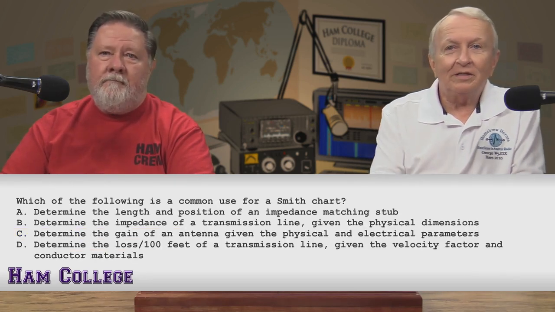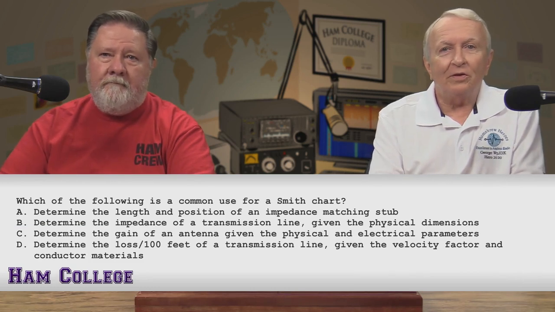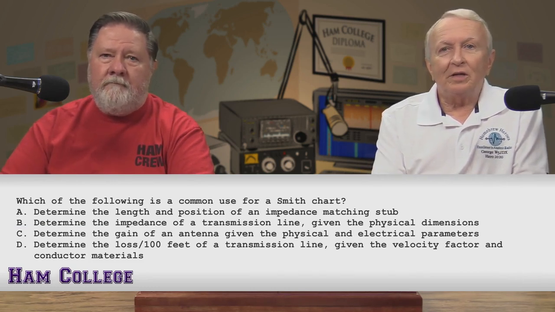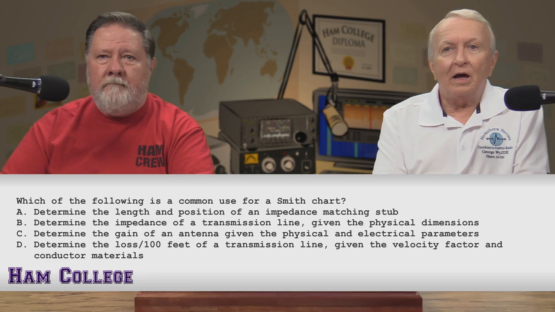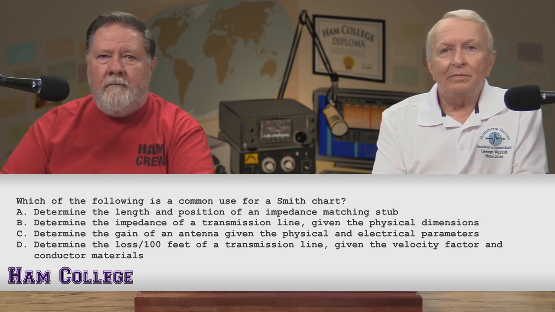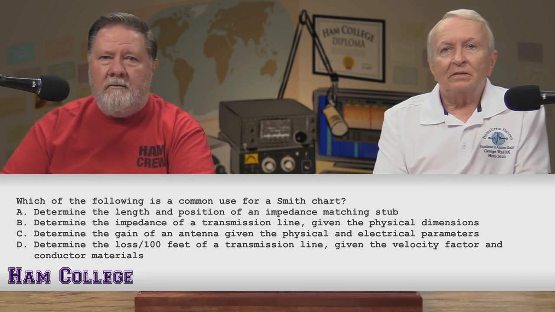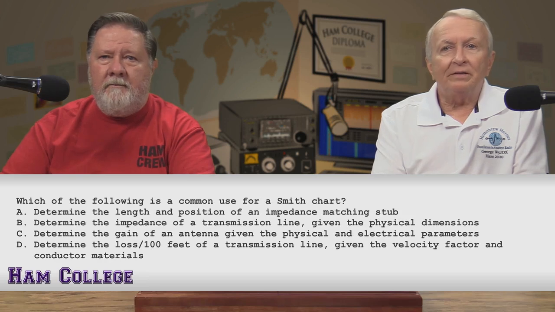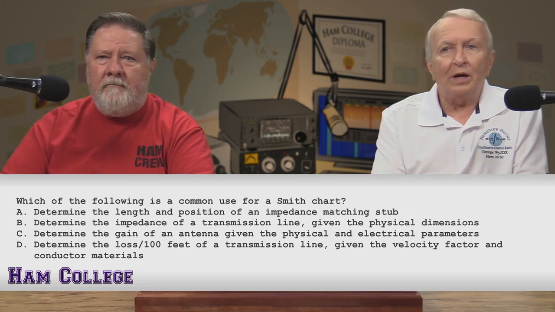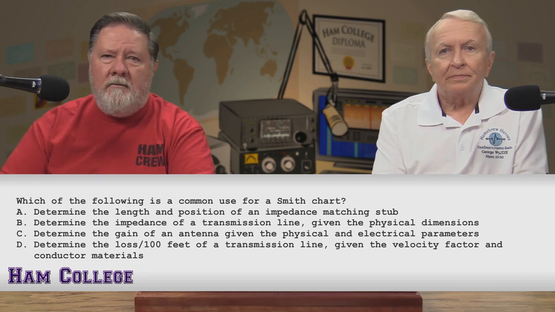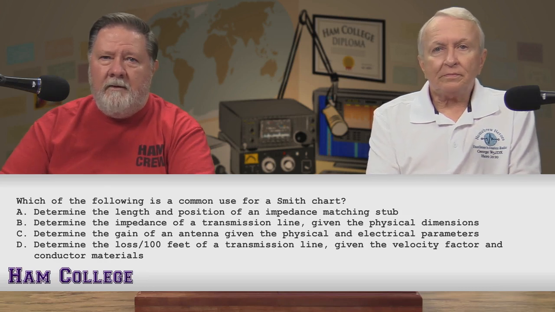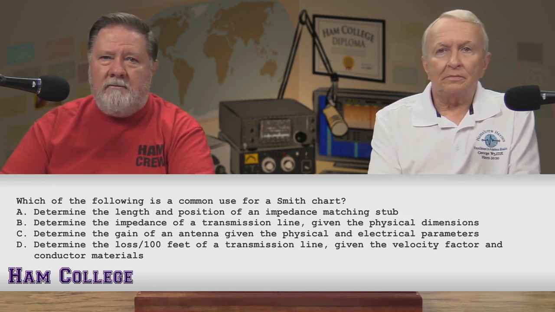Which of the following is a common use for a Smith chart? A, determine the length and position of an impedance matching stub. B, determine the impedance of a transmission line given the physical dimensions. C, determine the gain of an antenna given the physical and electrical parameters. Or D, determine the loss of 100 feet of transmission line given the velocity factor and conductor materials.